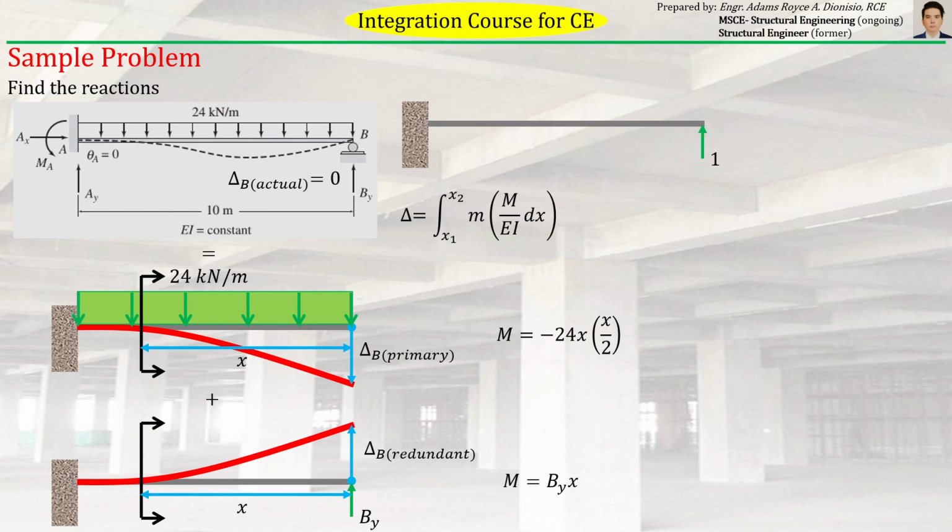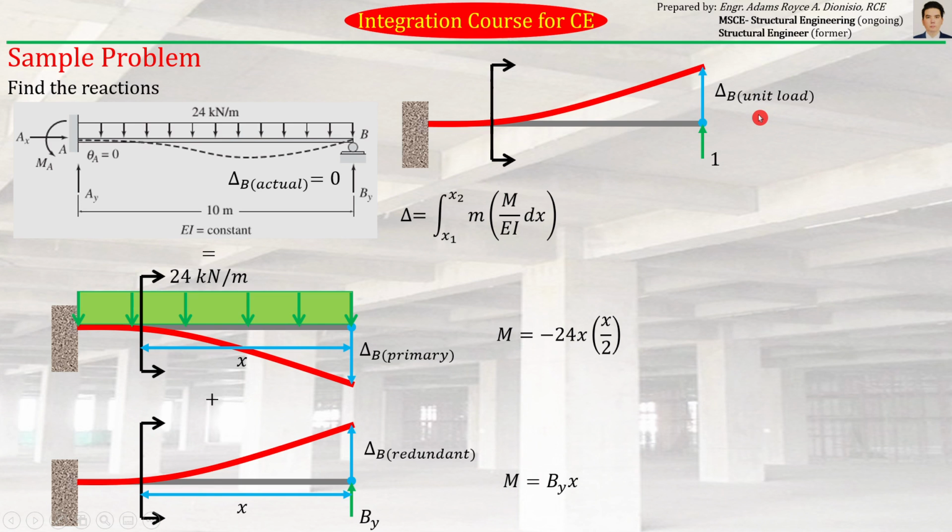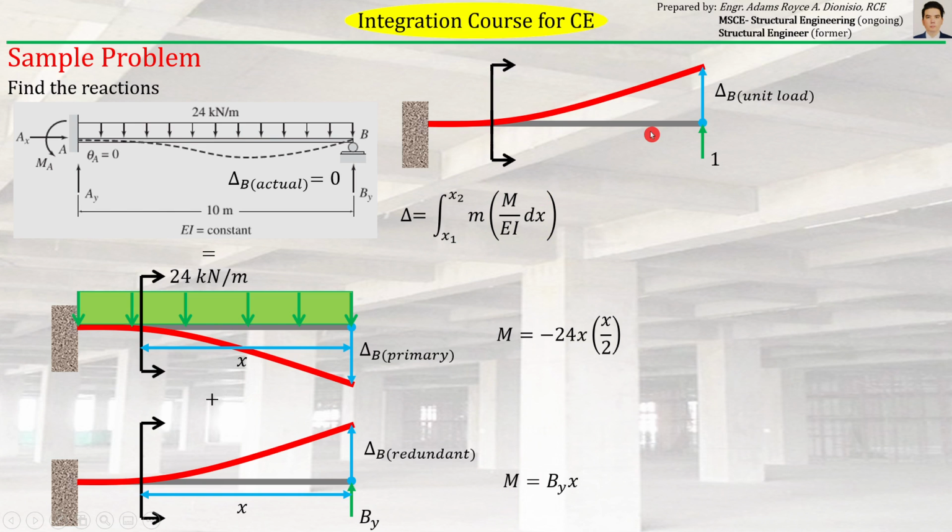Okay, so pag in-apply natin ng unit load yung cantilever beam, it will deflect. Ang magnitude ng deflection niya, we can call it delta beam due to the unit load. Okay? So yung deflection na yan can be also computed using this equation. Okay? So using that structure loaded by the unit load, we can compute for the moment equation.